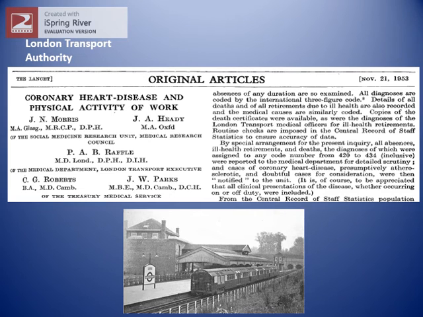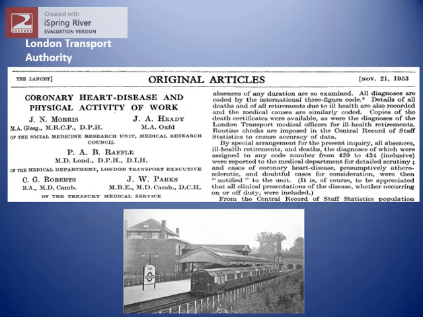So, again, I know you've seen this before, but we're just going to talk about it in a little bit different context as a cohort study. The London Transport Authority study, remember that this took place, it was published in 1953.